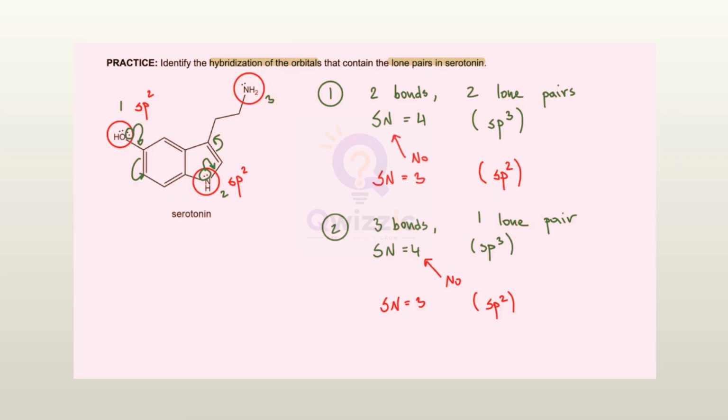And finally, let's move on to nitrogen labeled with number 3. For nitrogen labeled with number 3, we have 1 lone pair and 3 bonds. 2 nitrogen-hydrogen bonds and 1 nitrogen-carbon bond. So 3 bonds, 1 lone pair.